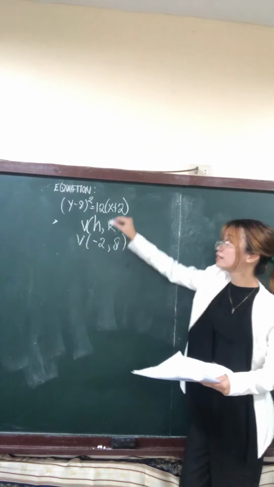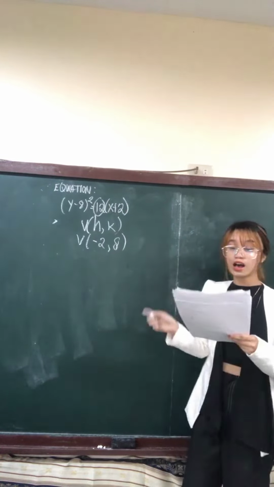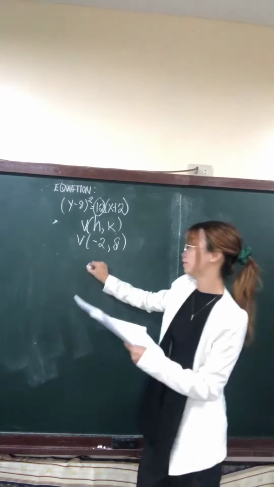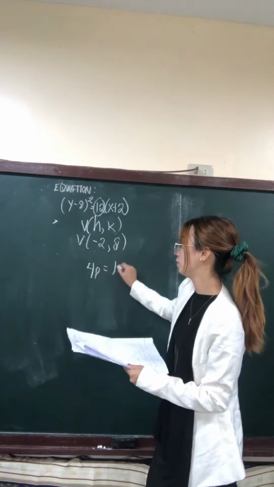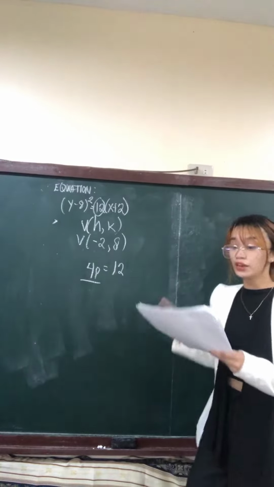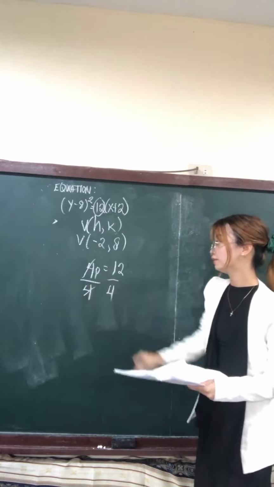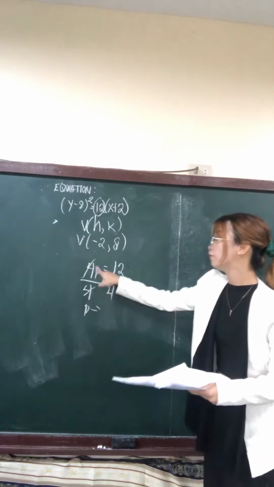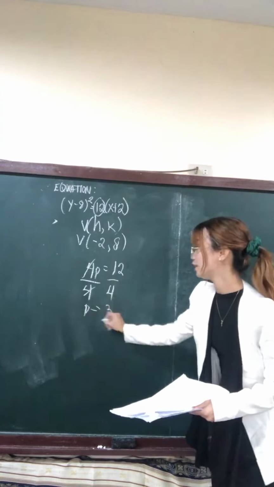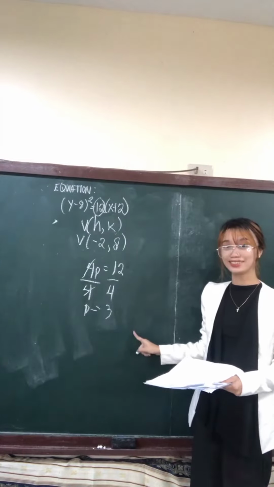And now, since 4p equals 12, we divide both sides by 4 to cancel the 4. 12 divided by 4 equals 3, and our p is equal to 3.